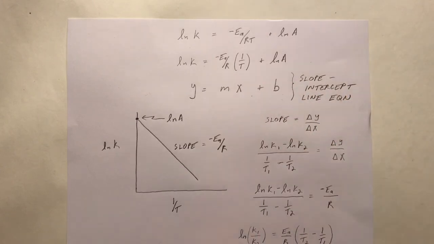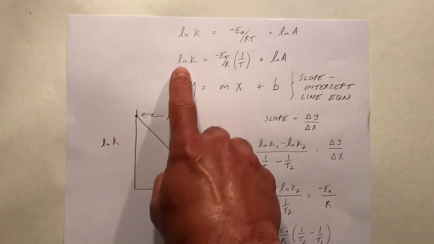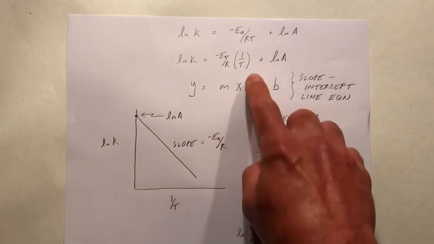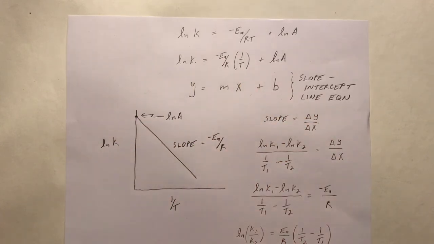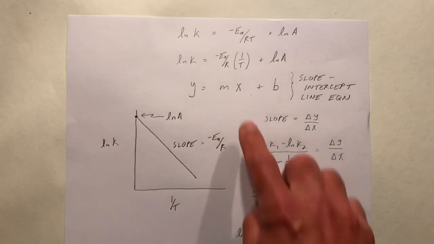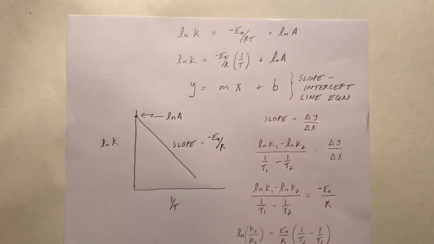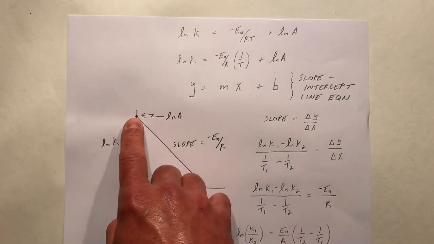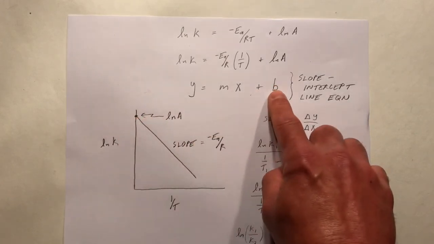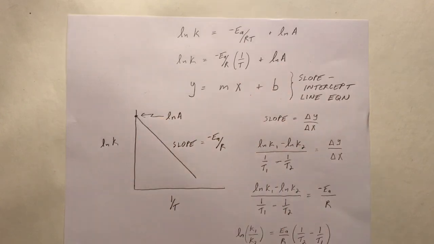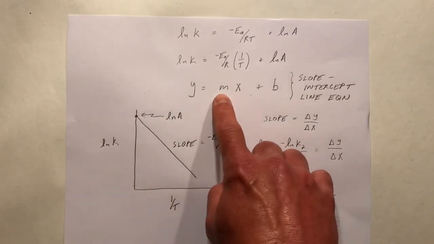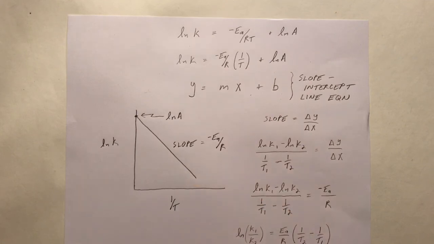Well, that means that if we graph out natural log of k on the y-axis and the inverse of temperature on the x-axis, we're going to get a straight line graph, right? This is a slope-intercept form of a line equation. So the y-intercept would be the natural log of A. The slope would be negative Ea over R.